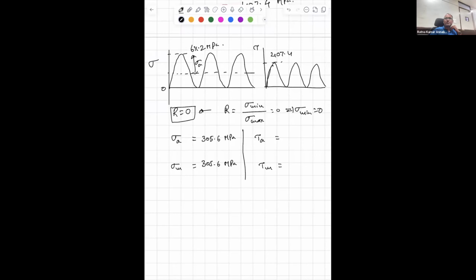How about the shear stress amplitude? That is simply 407.4 by 2, which is equal to 203.7 MPa.